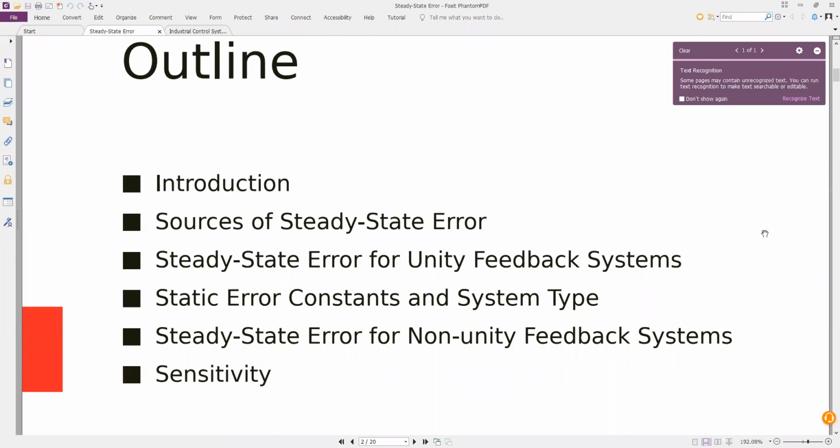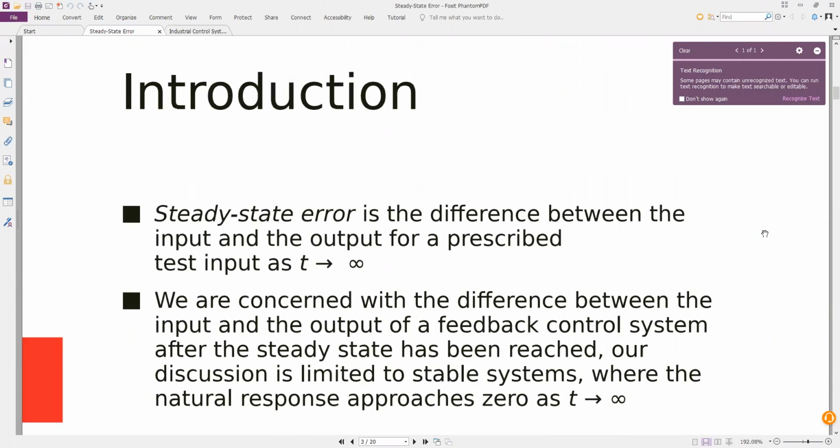So first things first, let us introduce the steady state error. What is the steady state error? The definition is given here. Steady state error is the difference between the input and the output for a prescribed test input as t tends to infinity. So it is a difference between what? Between the input and the output for a prescribed test input as t tends to infinity.